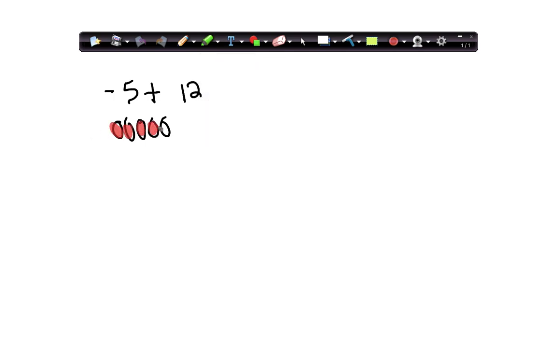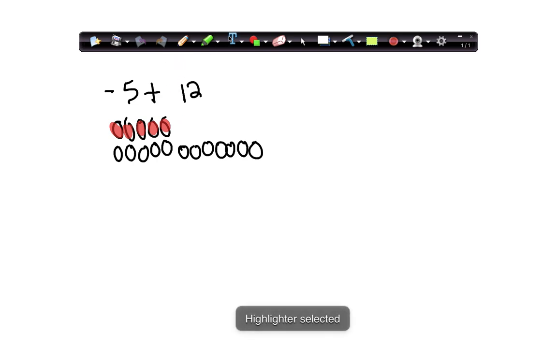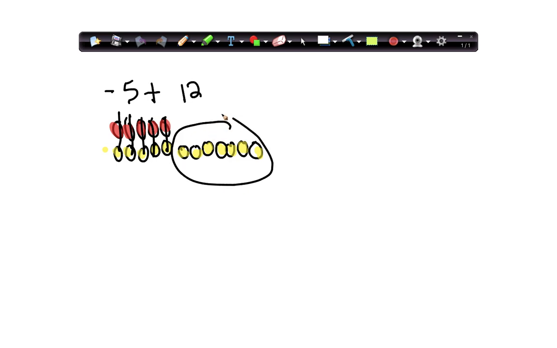So we'll start with 5 negatives and add 12 positives. So these would cancel out as zeros, leaving us with 7.